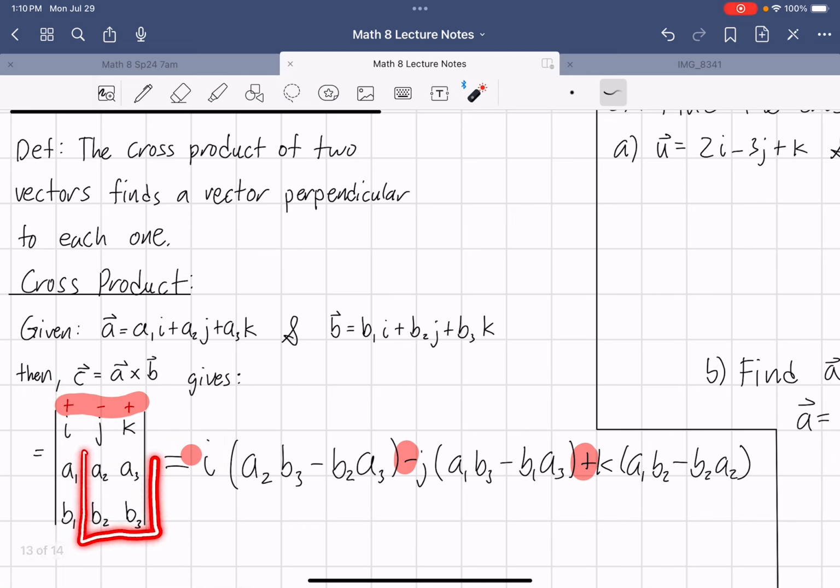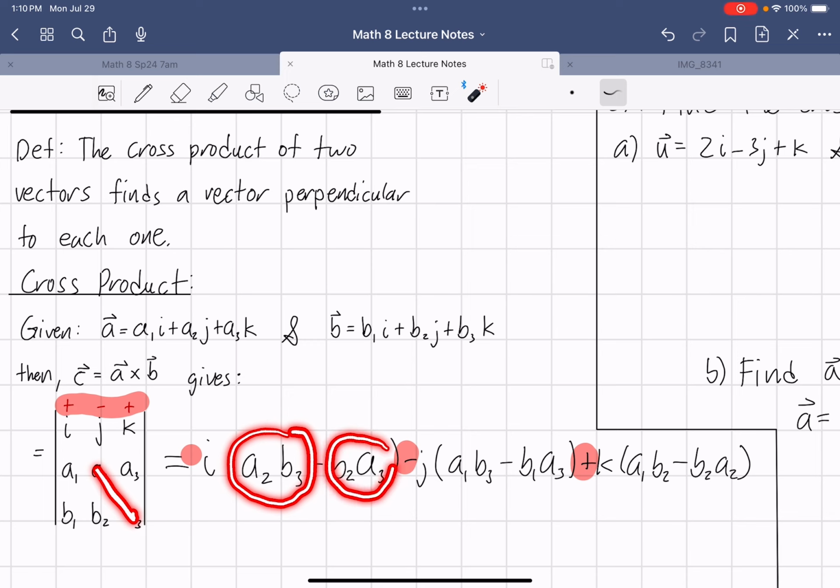And we take this smaller square after we eliminate the first column, first row, and then you're going to multiply diagonally both. So you're going to do like this cross multiplication. So you notice a sub 2 times a sub 3, that's this diagonal. And then you have b sub 2 and a sub 3, and that's this diagonal.